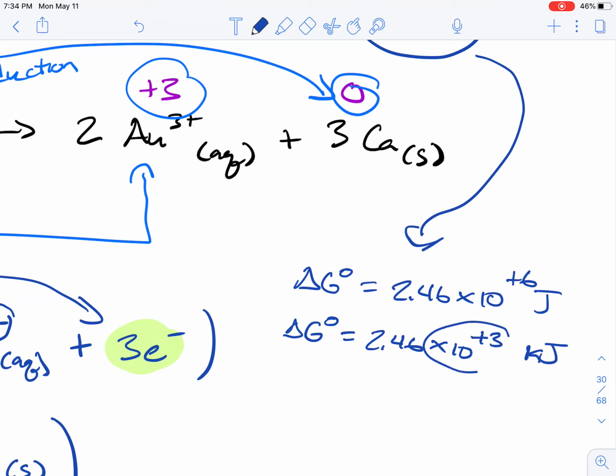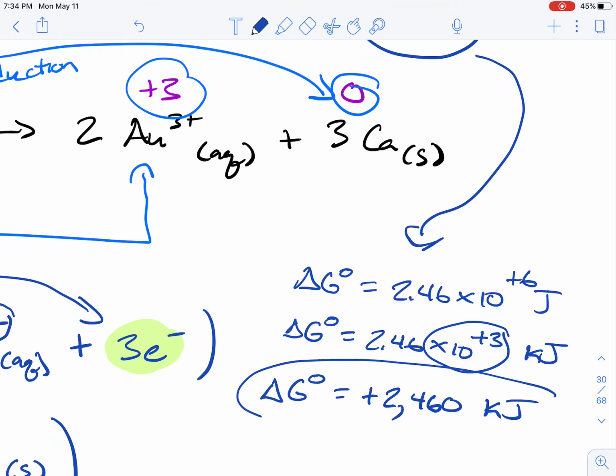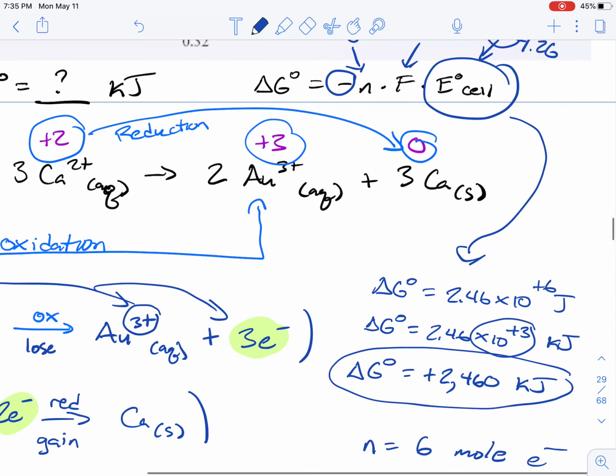If I wanted to, I can express this scientific notation as an actual value, and this is going to be positive 2,460 kilojoules. This is going to be my final answer. Actually, both of these can work as your final answer.